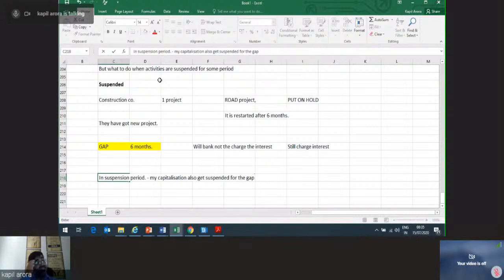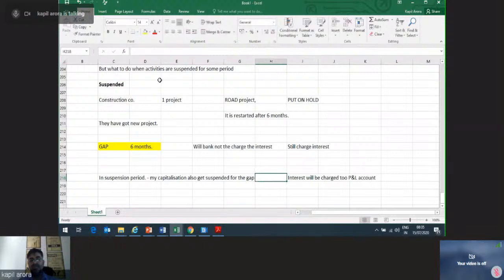It means that during this period, my capitalization will not happen, and interest will be charged to the profit and loss account. Is that okay with everybody?